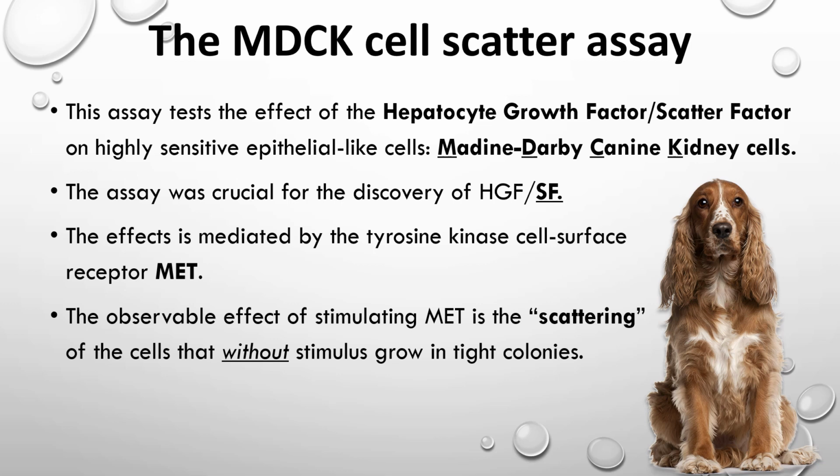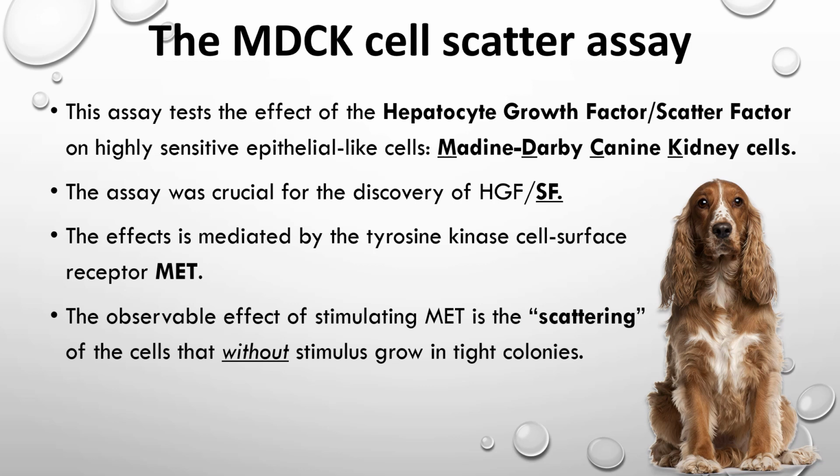Those cells have been crucial for the discovery of the growth factor, the protein HGF-SF. In fact, the name SF comes from its scattering effect on these cells, described by Professor Gherardi in the mid-1980s.